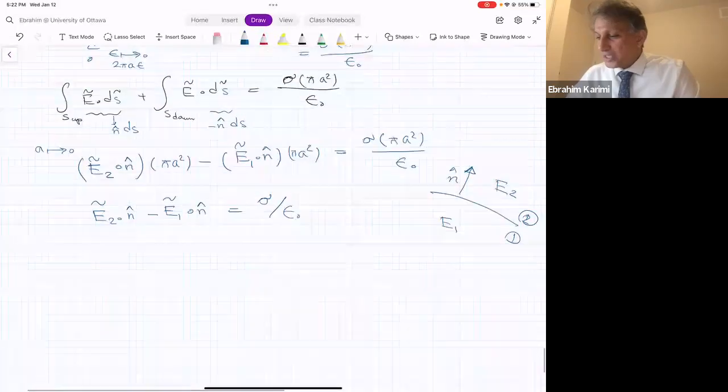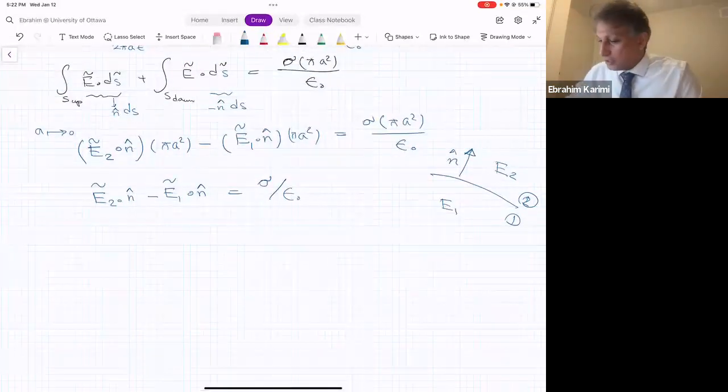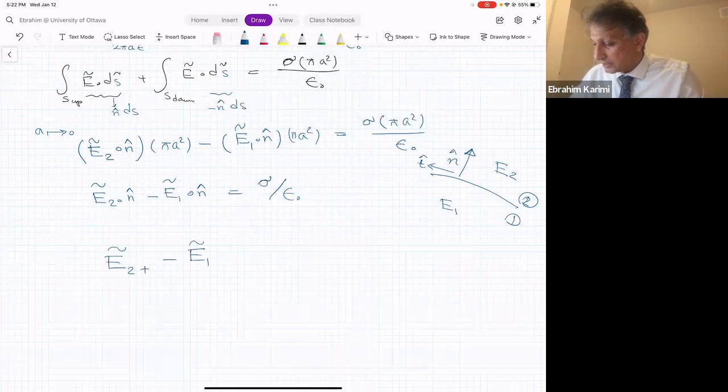Okay? We can do the same calculation for Stokes theorem, and what we will get is that the electric field tangent at region 2, because we have a normal and we can also have the tangent, minus the electric field tangent at region 1 is equal to 0.